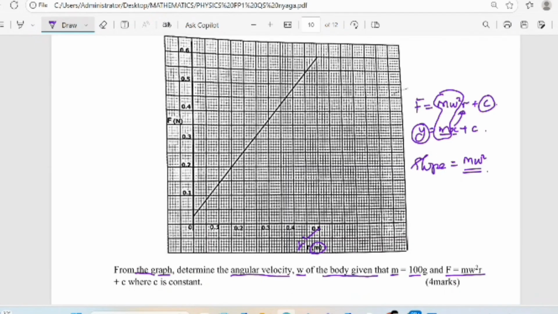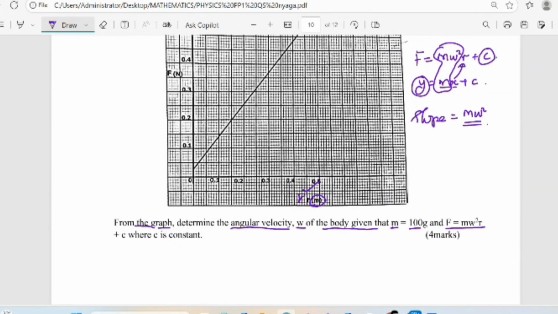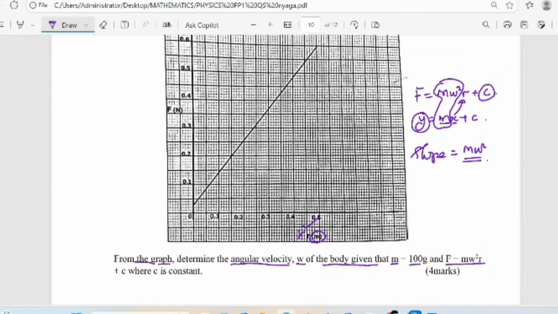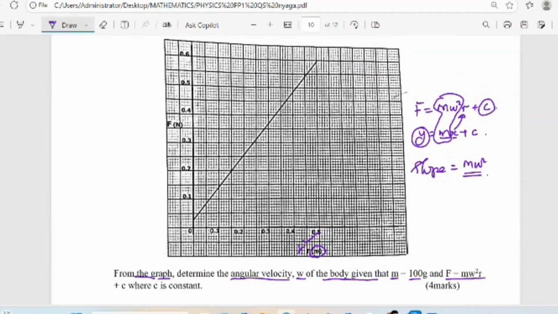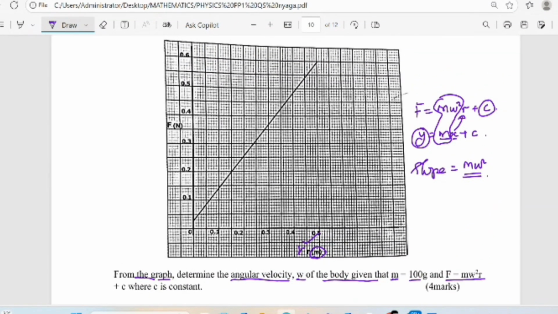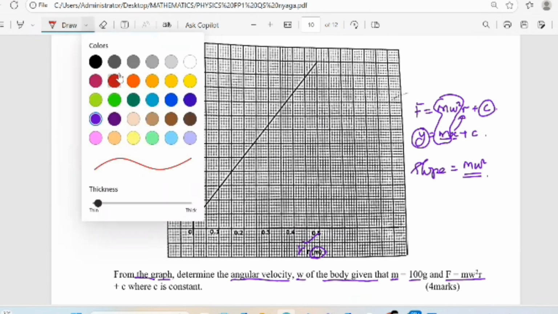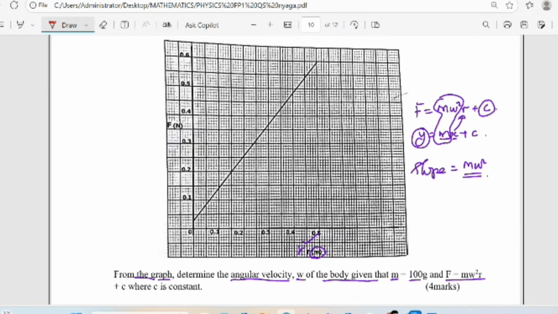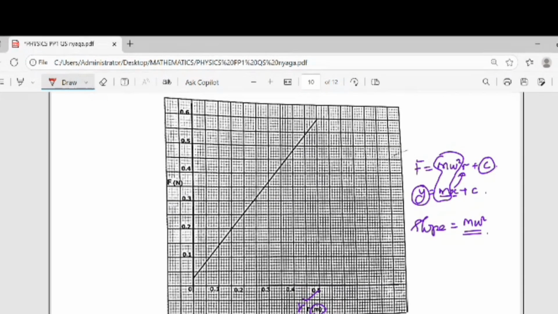So the first thing that we are being asked is to determine the angular velocity omega. The first thing we need to get is the gradient or the slope. In my case, you have to identify the points where you need to establish your gradient from. Mine, I will use these 2 points.